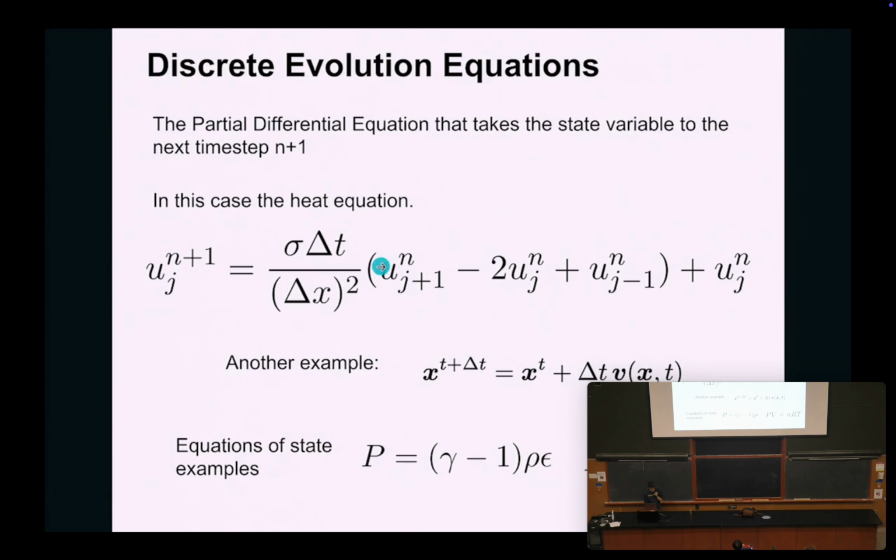I'm using U here as temperature, but the idea is that you can use this interchangeably with other state variables, like maybe in a different problem it could be density or pressure. In this case, it would be temperature.